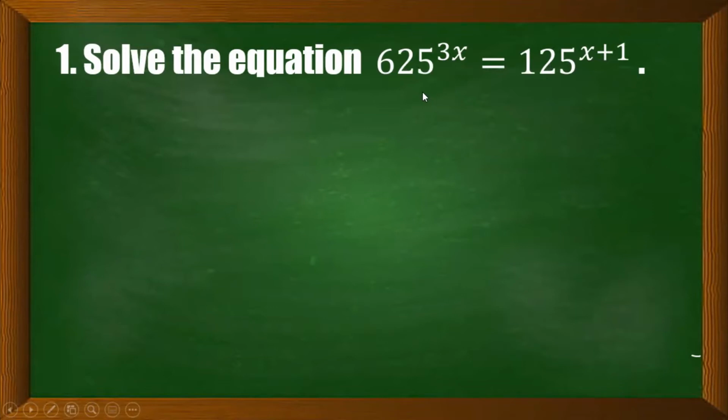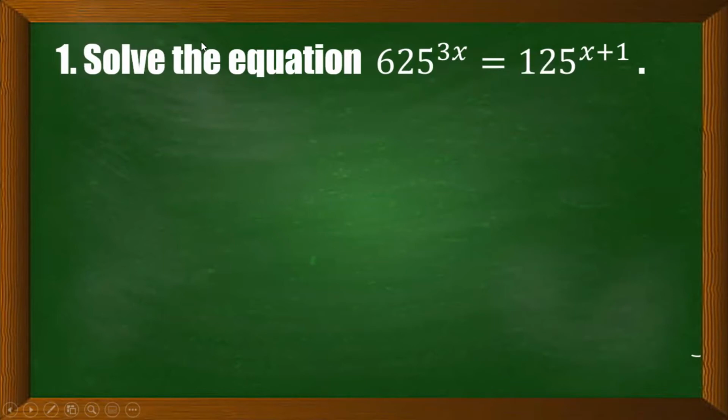We recall that an exponential function is of the form b raised to x, where b is a real number and it has an exponent that involves a variable, right? So this example here is an example of an exponential equation. Now, how can we solve this one?